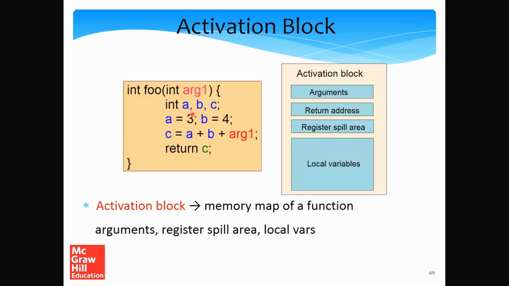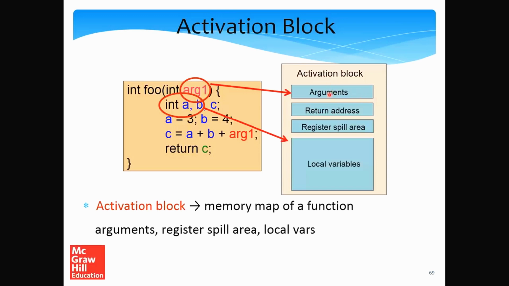So in the activation block, there are a couple of things that we need to save. The first is the argument. The argument will get saved in the argument section inside the activation block, which is essentially a region of memory, and we are dividing the region into multiple sub-regions.